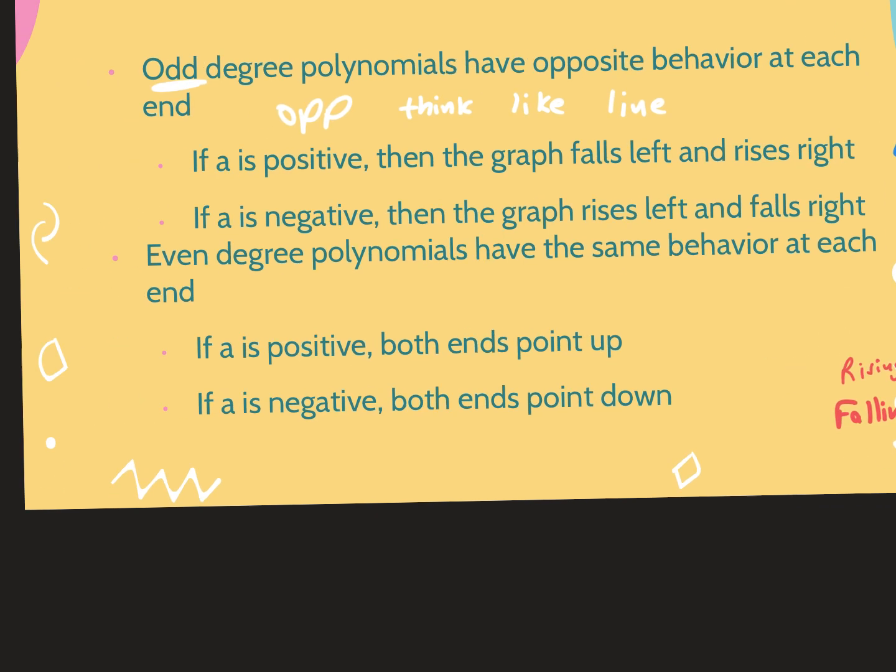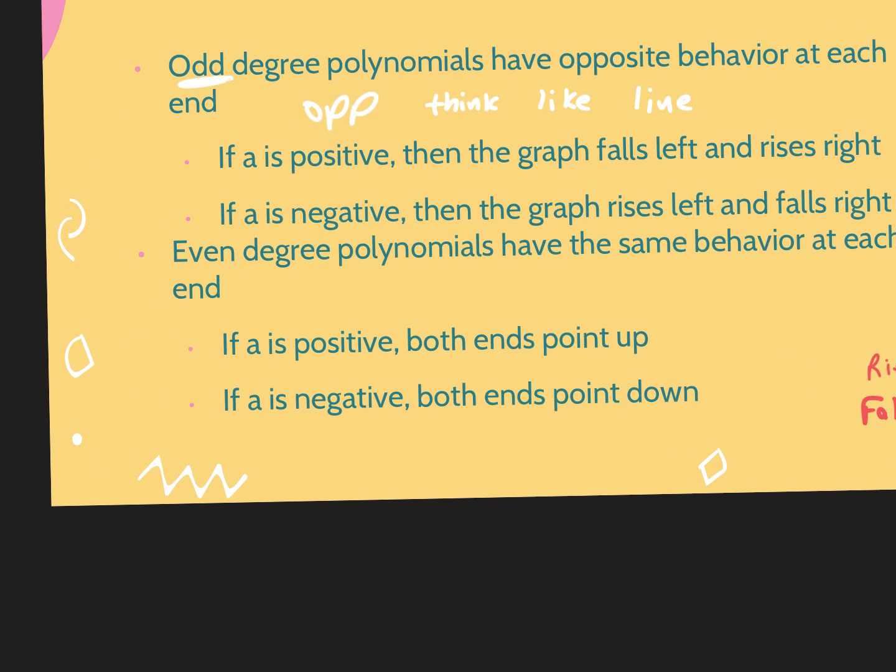If you have a function that is of an even degree, what's an even degree? 2, 4, 6, 8, right? X to the fourth, x to the sixth. It's much easier. If you have a positive, you're always going to think like a parabola. What do the ends of a parabola do? They both go up or down.